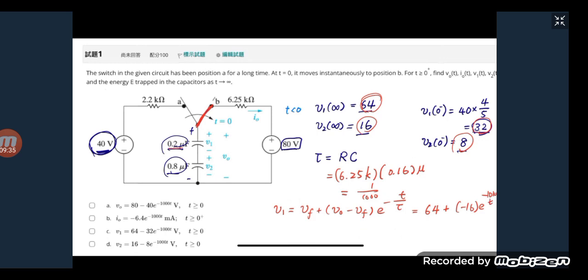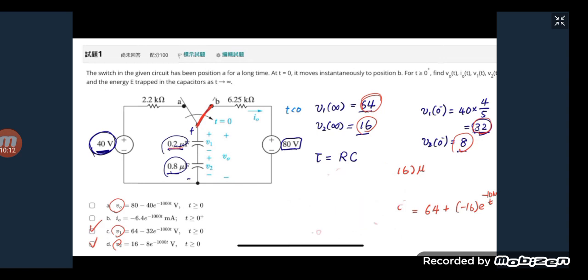Right. Any questions? For V2 it is equal to 16 plus its term. So the two items are correct. So we add V1 and V2 to get VO. Yeah, so the VO is also correct. Any questions?